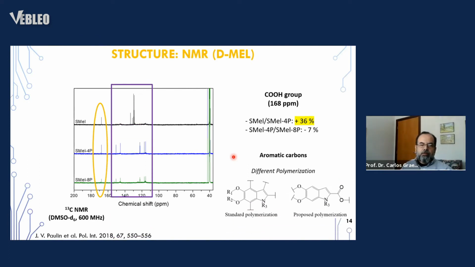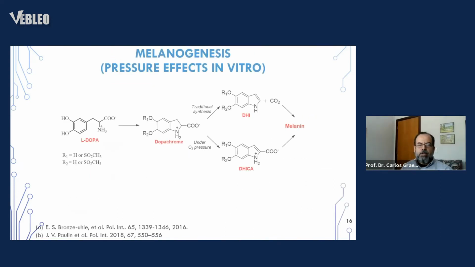Okay, and of course by using a different synthesis route, we get not exactly the same material, which can be interesting if we think about potential applications. I will show some examples in the following.